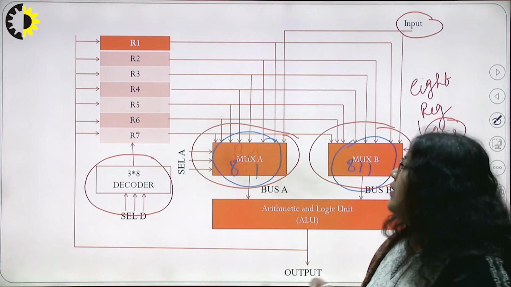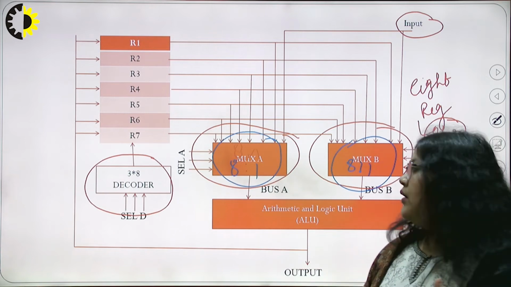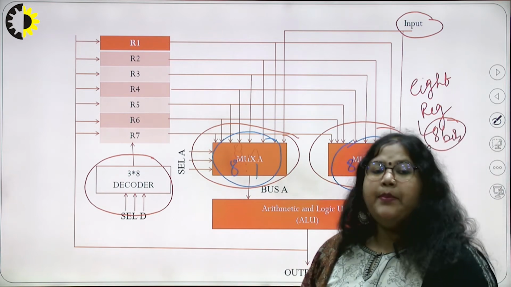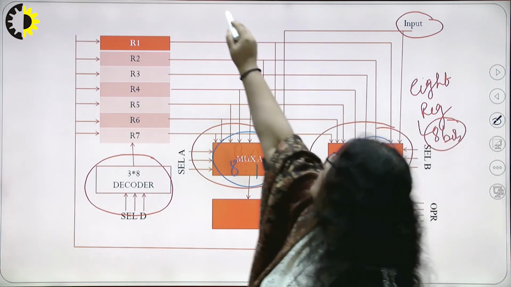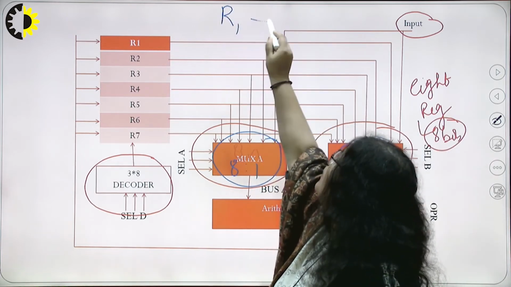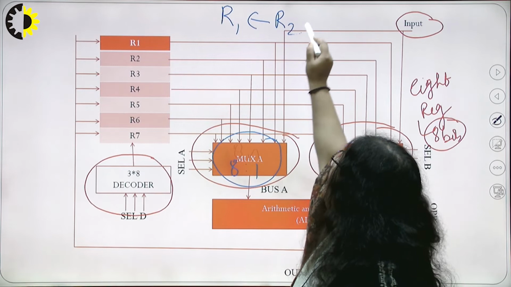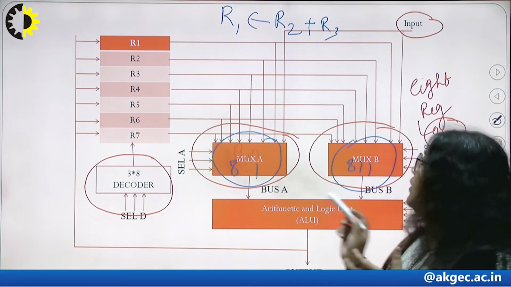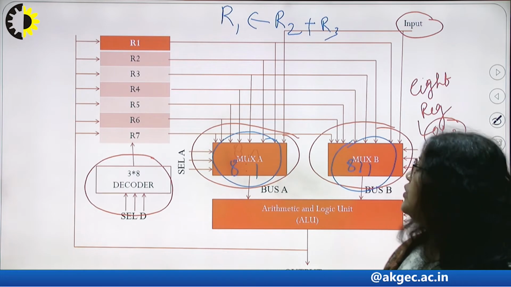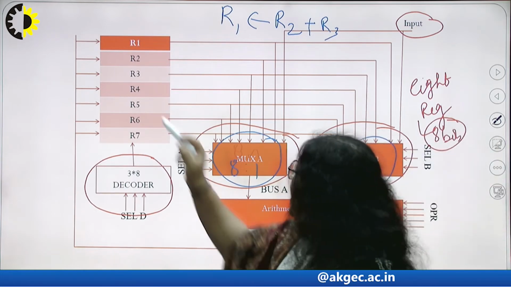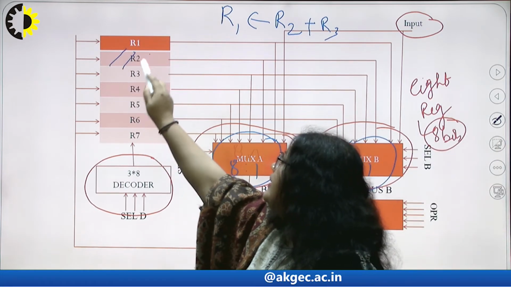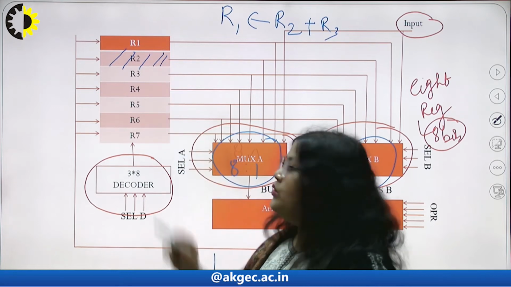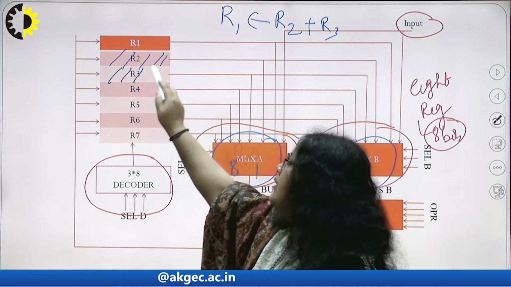When we want to do the operation A plus B, suppose we define that R1 transfers to R2 plus R3. How does this organization work in this case? There are 2 registers, R2 and R3. This is highlighted: this is the input register R2, and this is the input register R3.